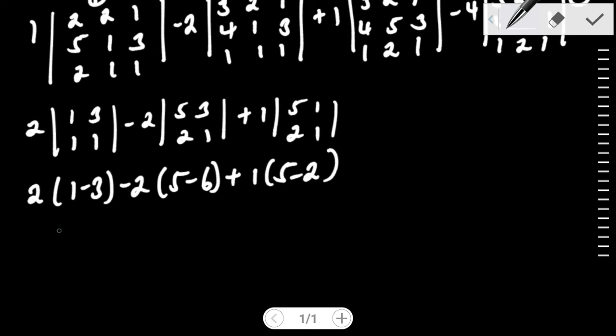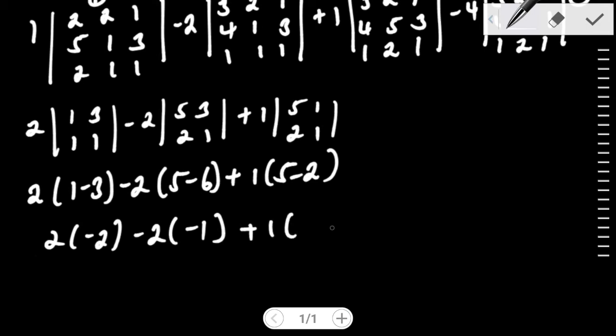That is 2 into negative 2, minus 2 into negative 1, plus 1 into 3, which is negative 4 plus 2 plus 3.